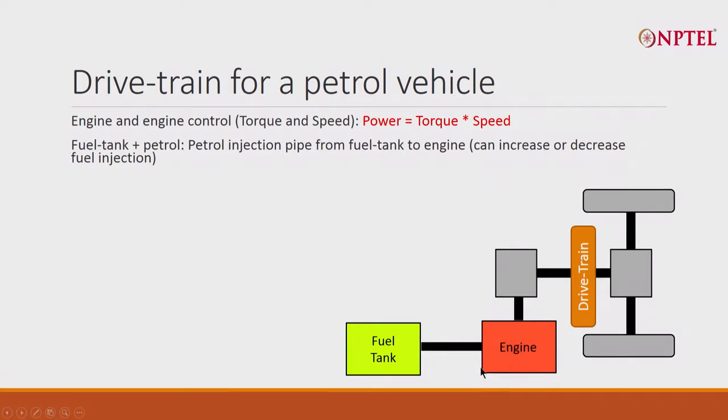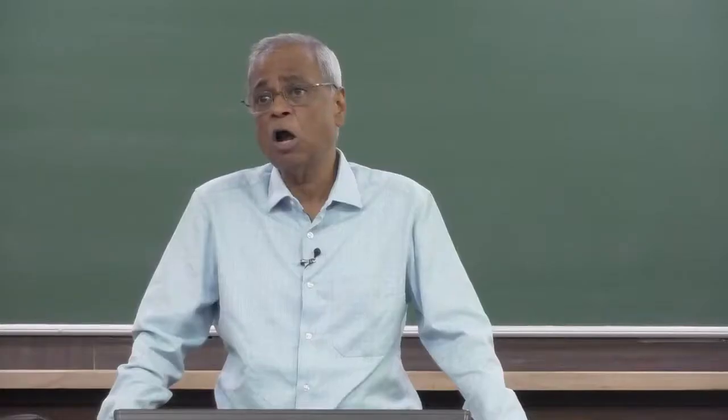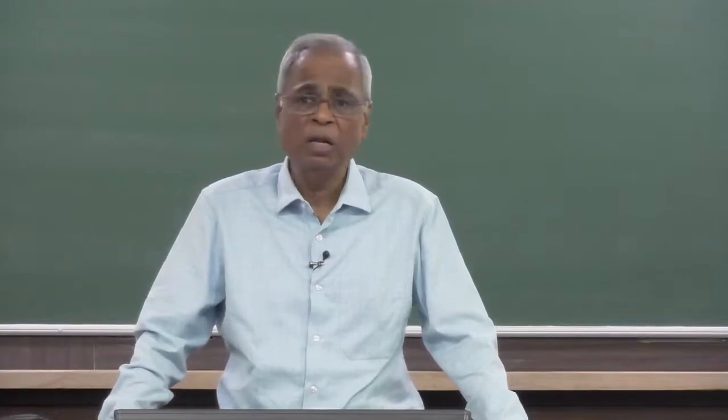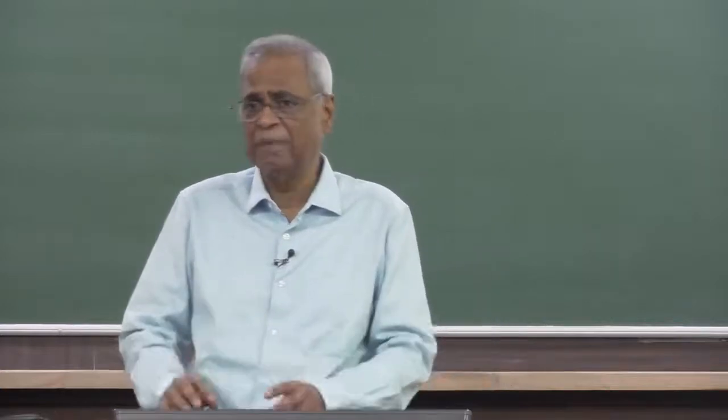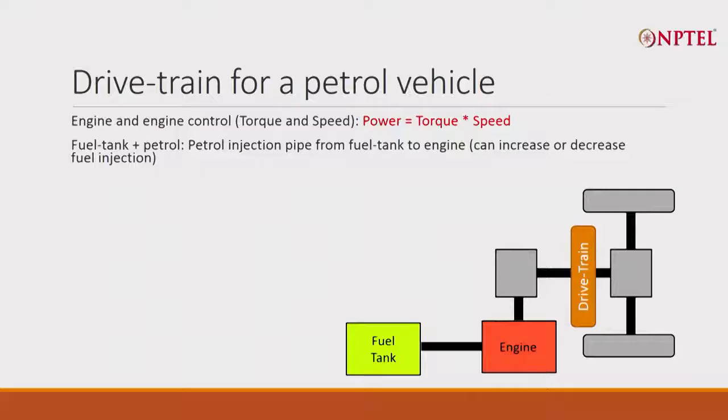Of course, to decrease the speed you will use brakes. The torque per se will be what the road offers, and you will have to generate enough power to overcome that torque. So, these are the basic drivetrain.